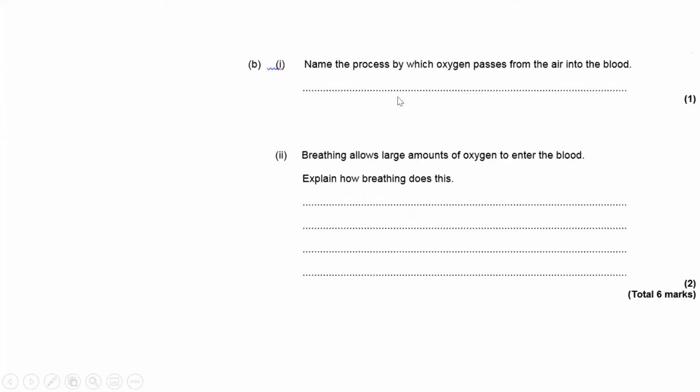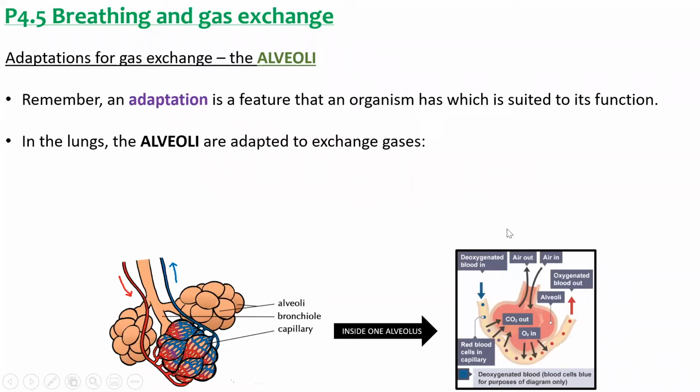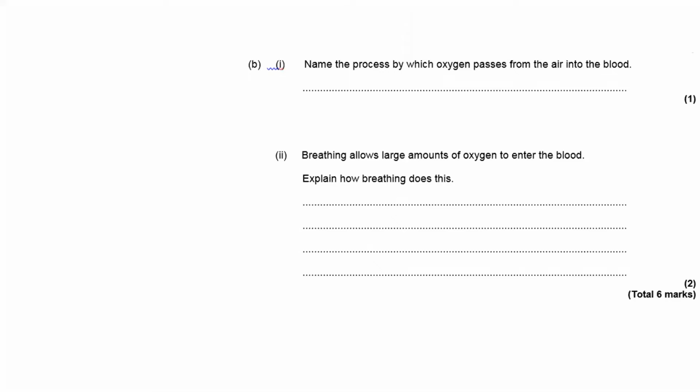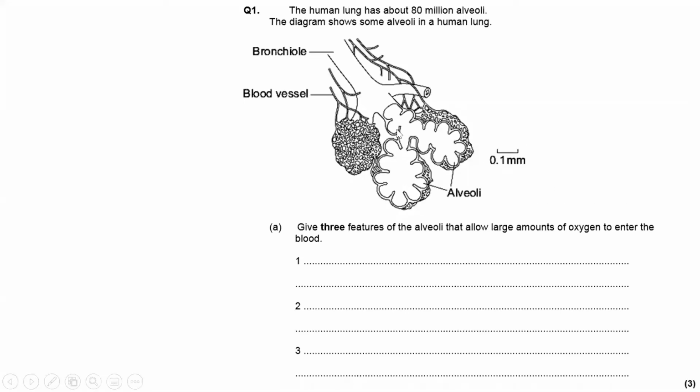Okay, I'm going to show you the answers in a minute. So name the process by which oxygen passes from the air into the blood. That's diffusion. Okay, we're going a little bit advanced in these last two.